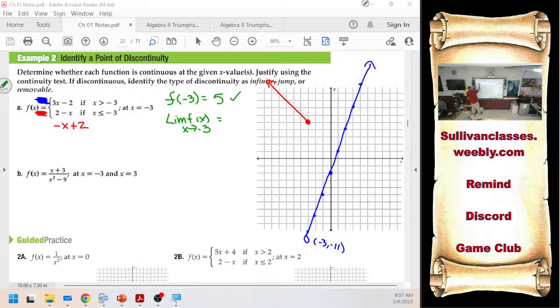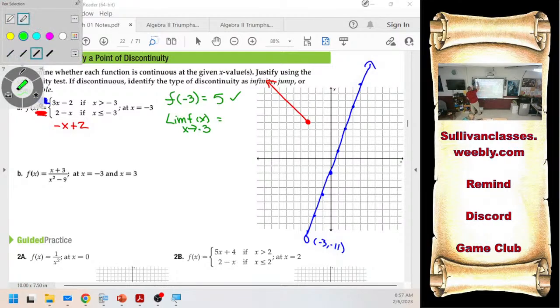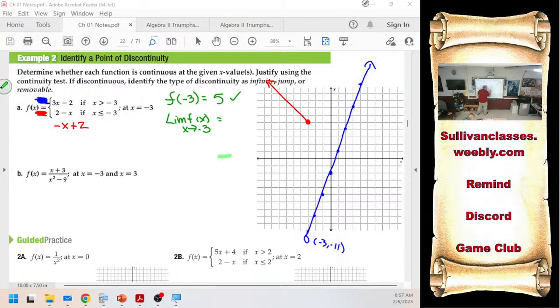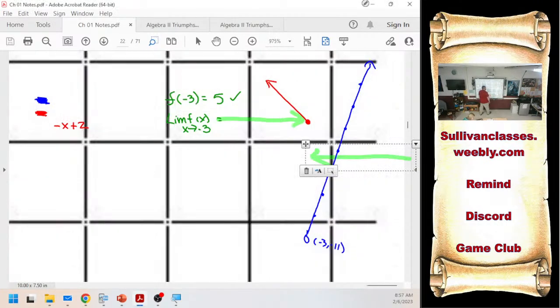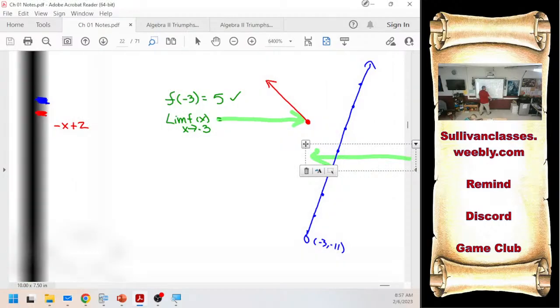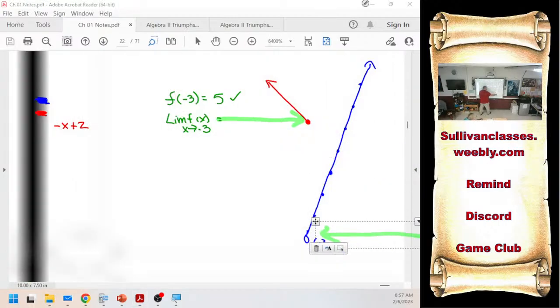Well, as I come at -3 from this way, and as I come at -3 from this way, do they do the same thing? This guy approaches 5. This guy approaches -11.